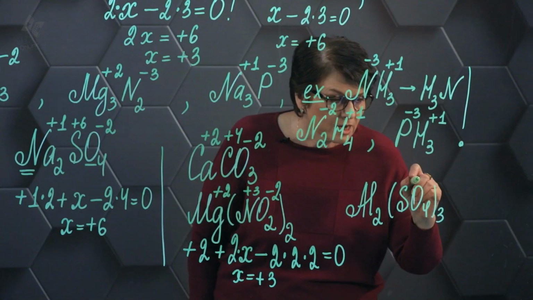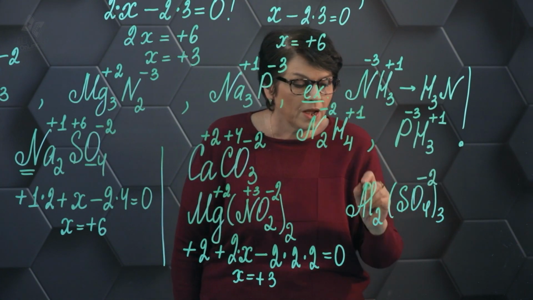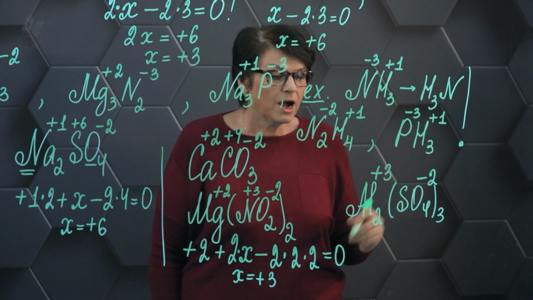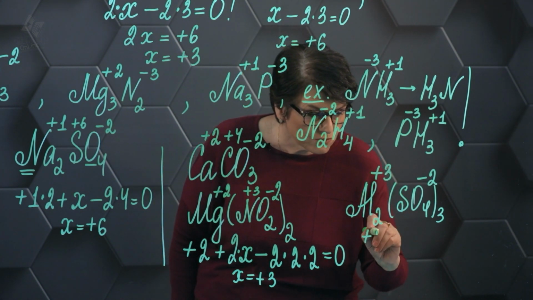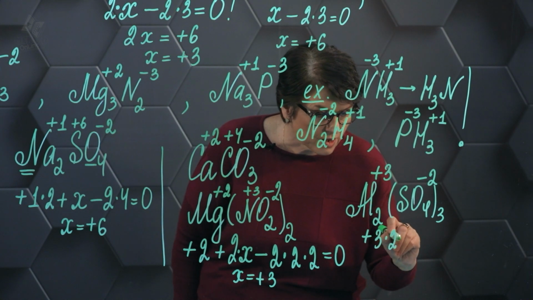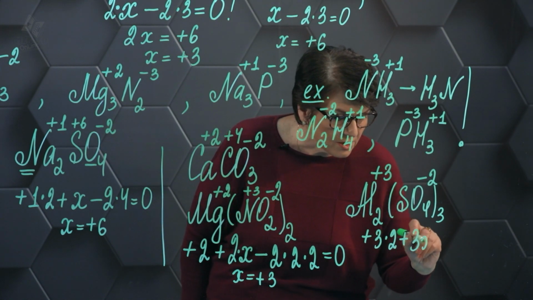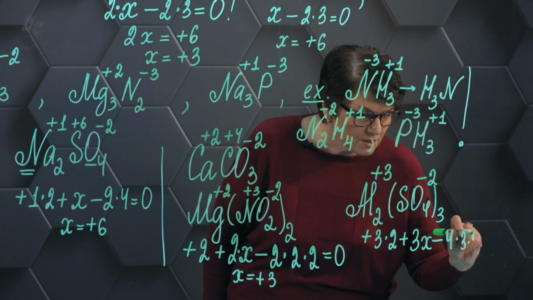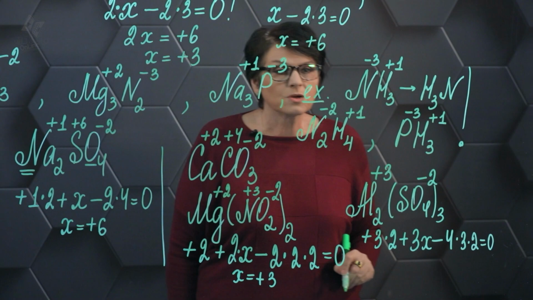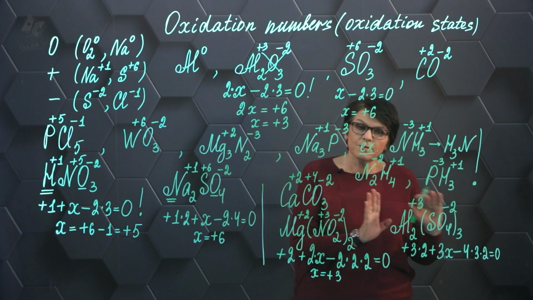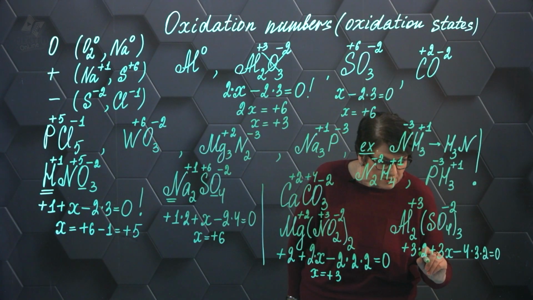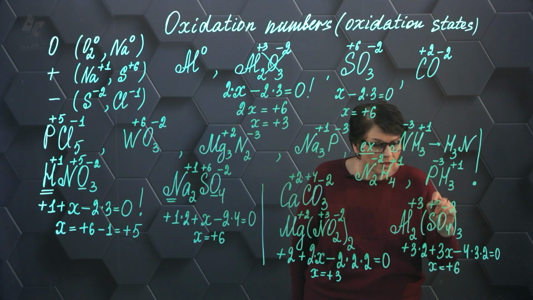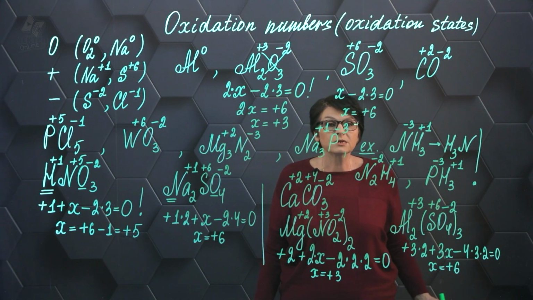If we do the math here, oxygen -2, aluminum would be in group 3, so +3, and then we do the math: +3 times 2, plus 3 times x, minus 4 times 3 and 2 times 2, and the total is 0, so we always equalize to 0. And then from there, x equals +6. Therefore, this is the calculation for sulfur.